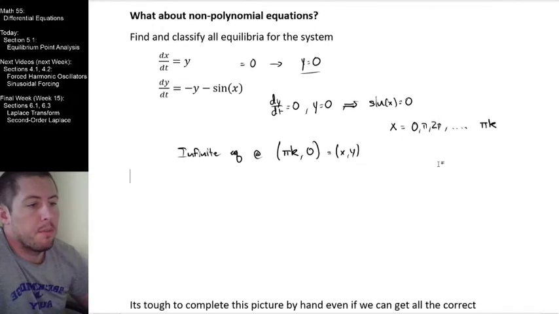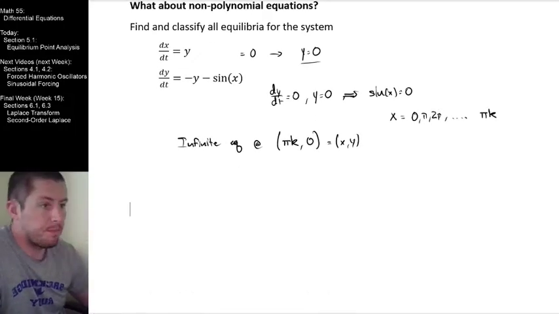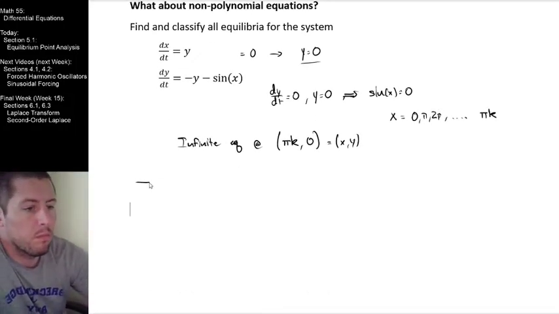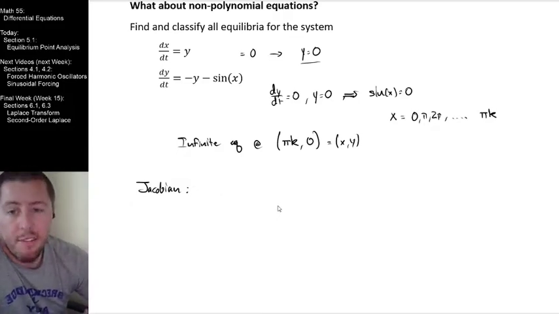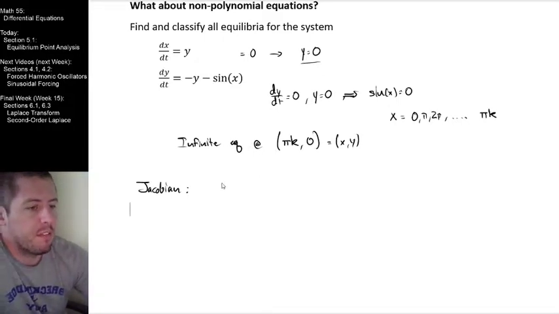So let's go ahead and compute our Jacobian matrix. You should notice that we clearly have an infinite number of equilibria that we want to classify. However, I hope you're anticipating that because everything in trig repeats itself, we should be able to form a general statement rather than literally having to do an infinite number of classifications. So let's compute the Jacobian matrix.